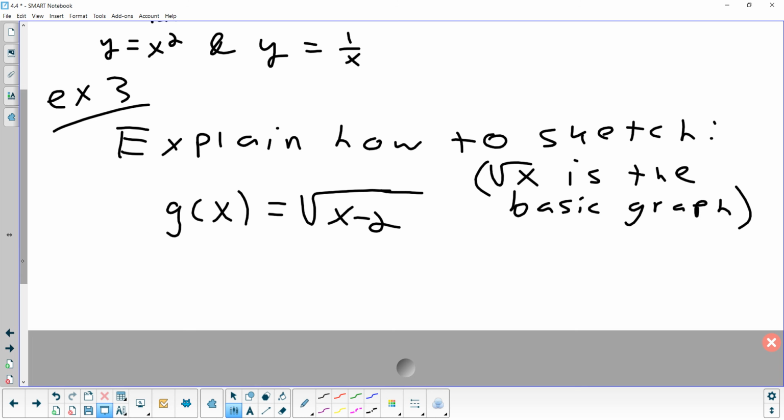Basically, take square root of x and do something. Caleb? Shift the base equation 2 units to the right. So if you shift the square root of x 2 units right, you would get g of x.